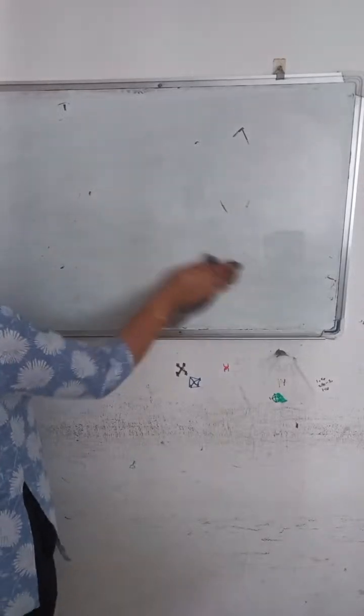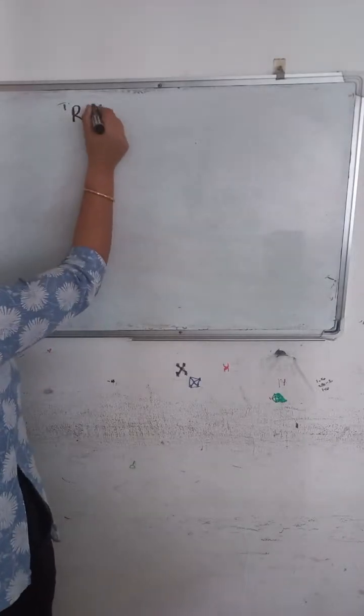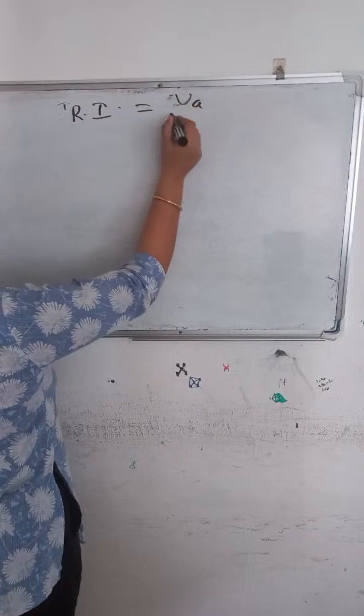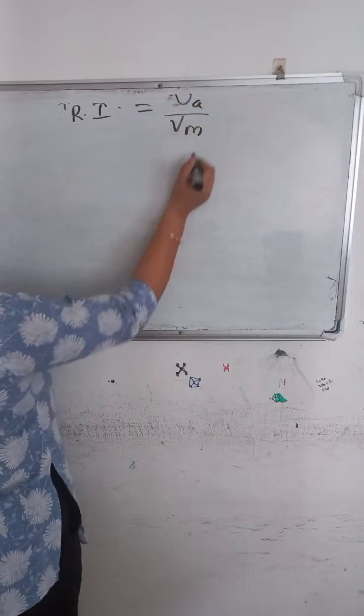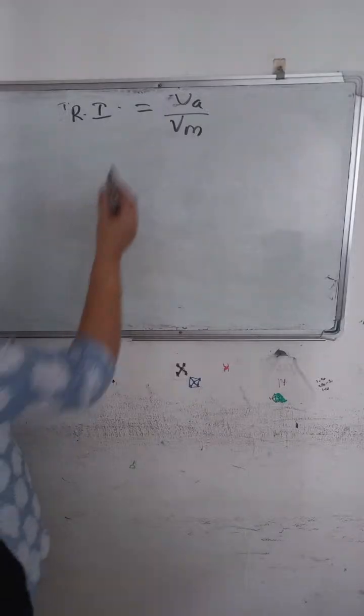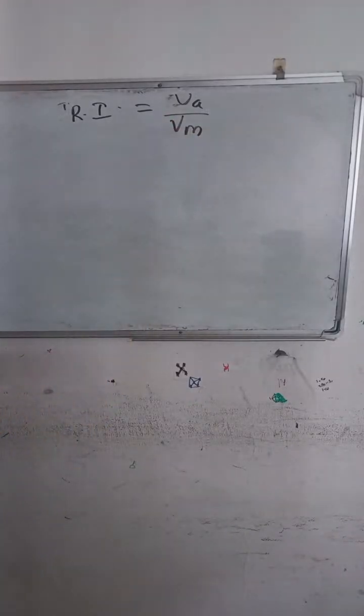Refractive index is nothing but the speed of light in air to the speed of light in the medium. Air is nothing but vacuum also, so you can write V also. So refractive index is the ratio of the velocity of light in the air to the velocity of light in the medium.